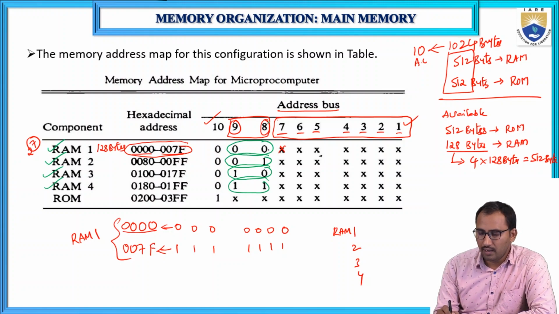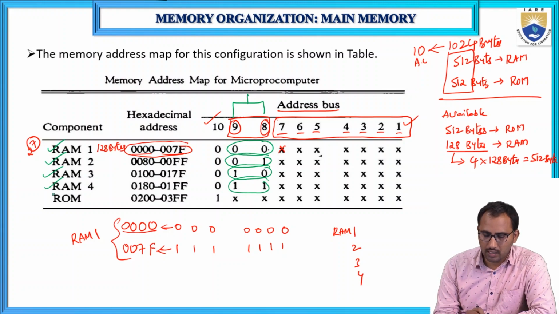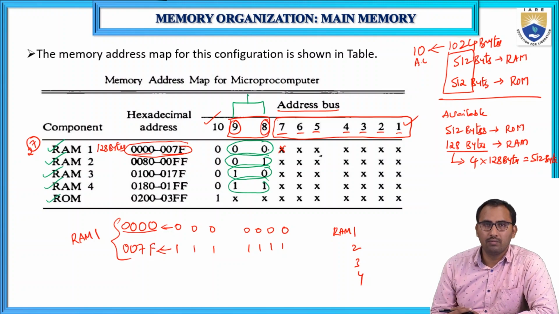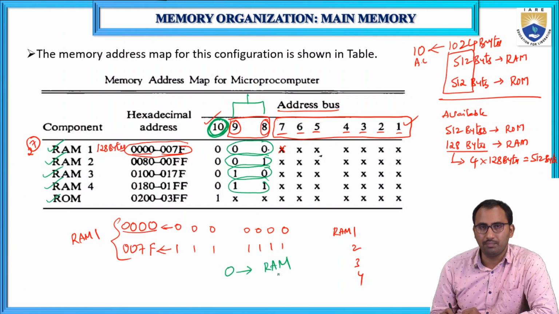But here we have to decode the 8 and 9 address lines in order to select that particular RAM chip. And coming to the ROM, how can we differentiate the RAM and ROM? If the 10th address line A10 is 0, then it will be a RAM chip.